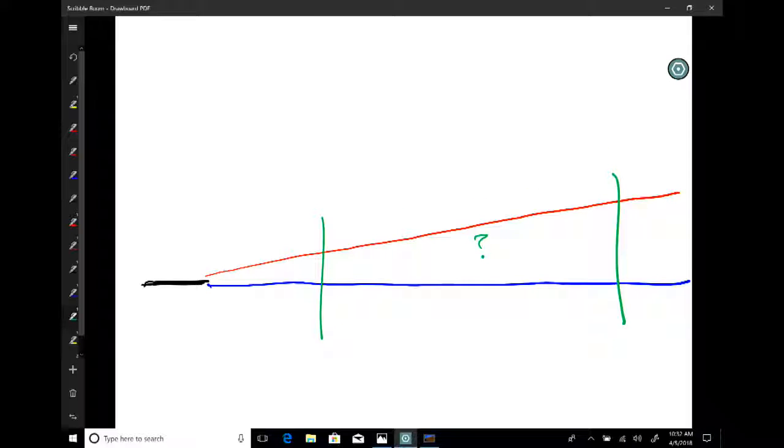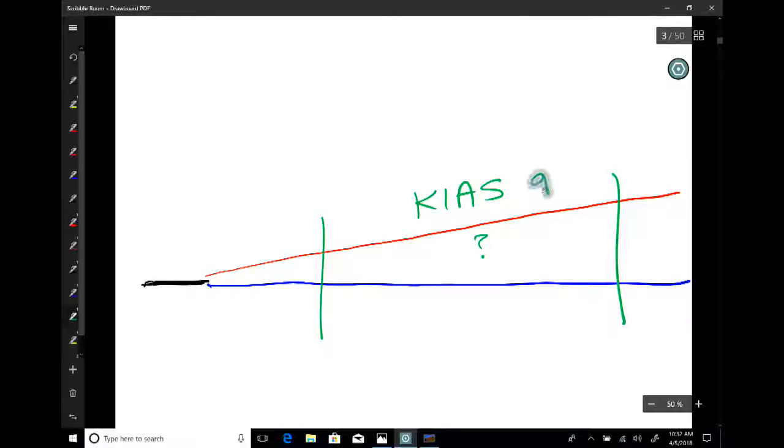So if we think about that, on this line up here, let's say we have an indicated airspeed of, well, it's not going to be 90 knots on the way out, I can assure you. On our climb out, let's say that we have closer to 70 knots.